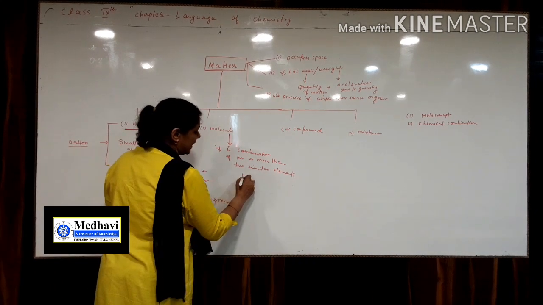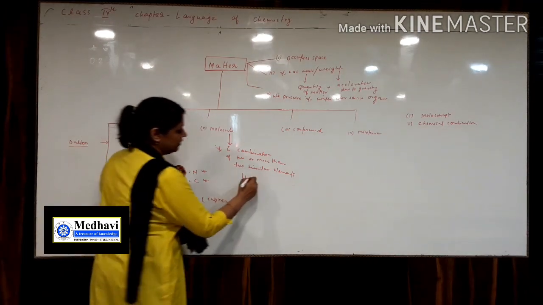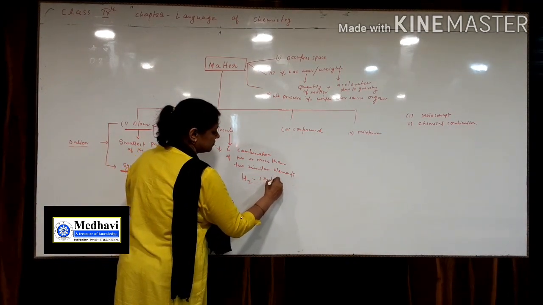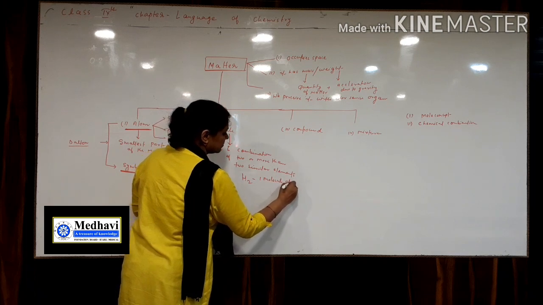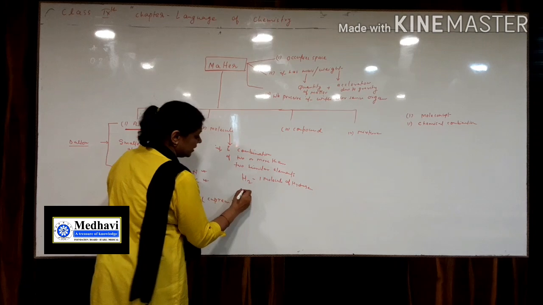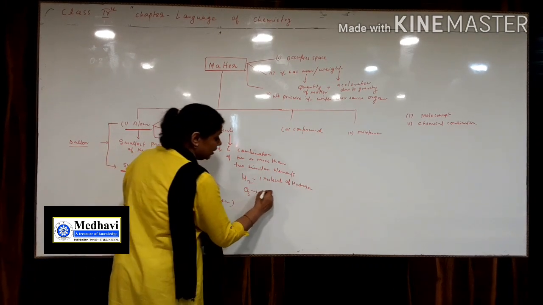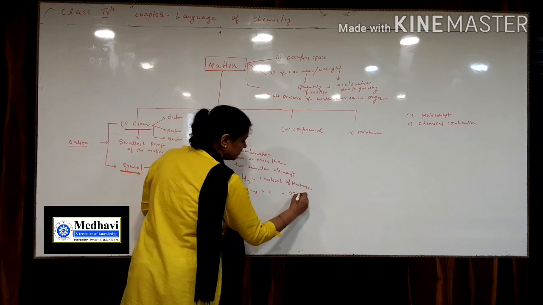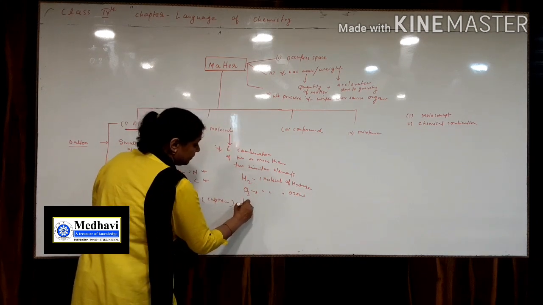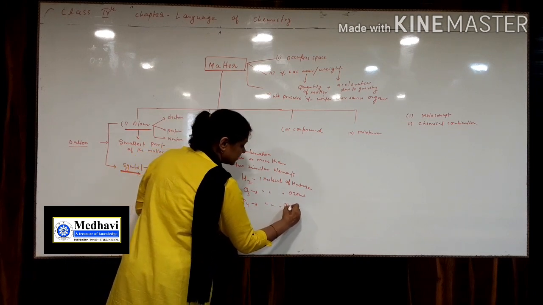For example, if I say H2, what is H2? You can say one molecule of hydrogen. If I say O3, what is this? One molecule of ozone. If I say P4, one molecule of phosphorus.